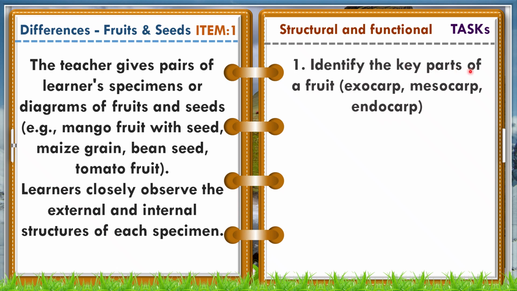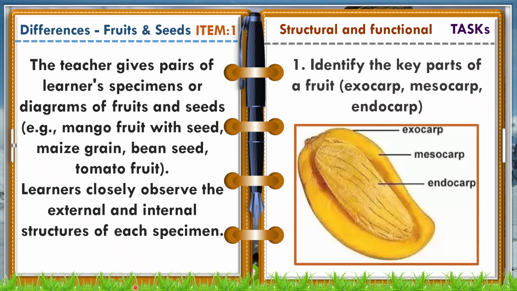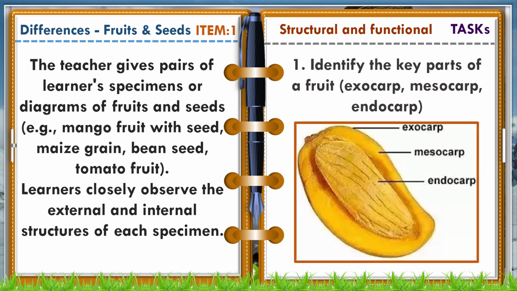Identify the key parts of a fruit: the exocarp, mesocarp, and endocarp. So we have our mango fruit, which we are seeing here. The exocarp is this outer layer that we see outside. That outer layer is what we call the exocarp.